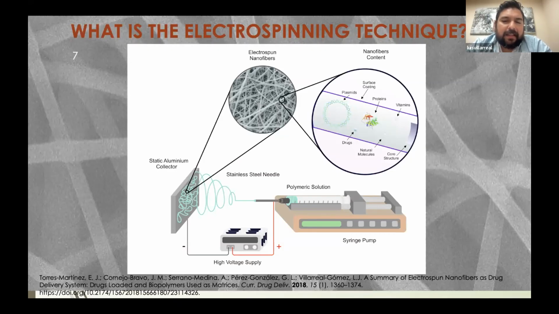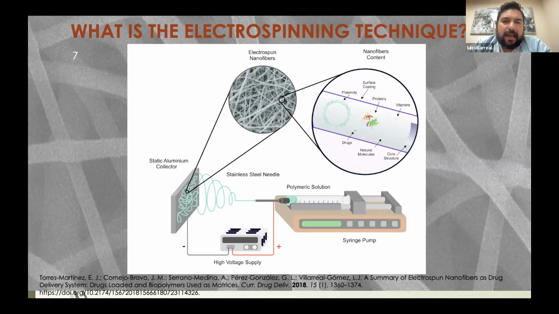The electrospinning technique is very user-friendly, it is economic also, and it is versatile. You can fabricate nanofibers or microfibers loaded with different biomolecules, such as proteins, plasmids, drugs, natural molecules, and so on.